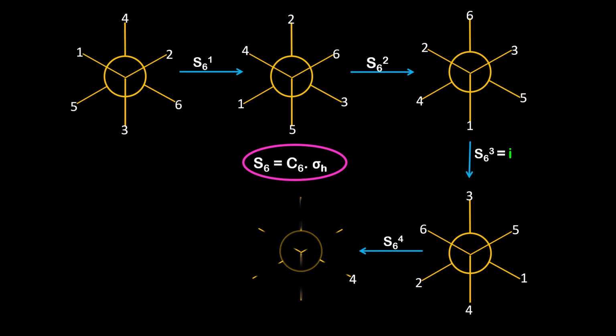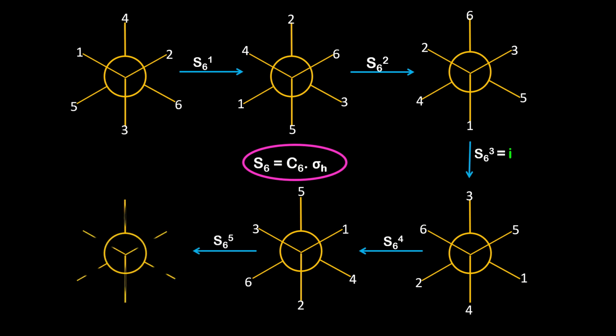Next S6^4 leads to this orientation. Next we apply S6^5, which leads to this orientation, and next we apply S6^6, which means we get the original orientation back, which leads to identity.